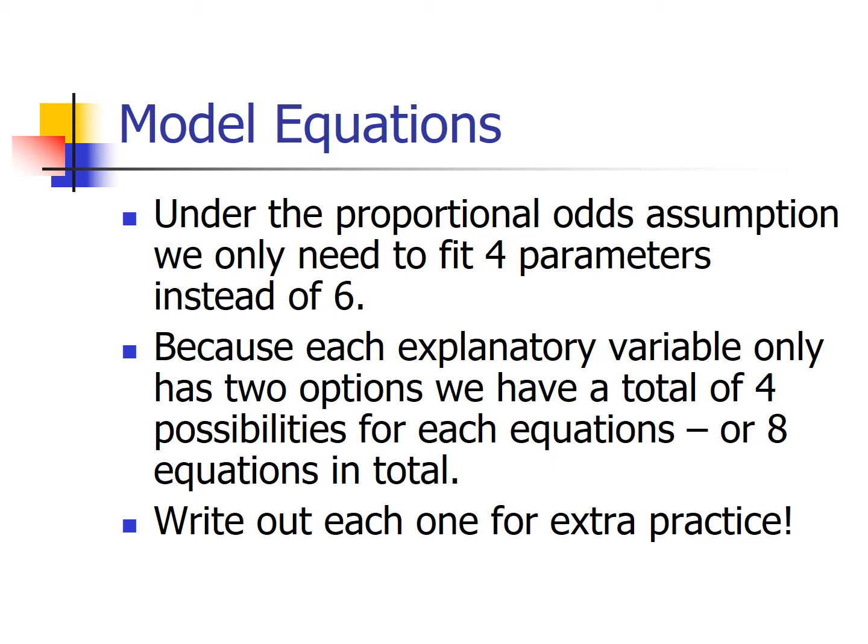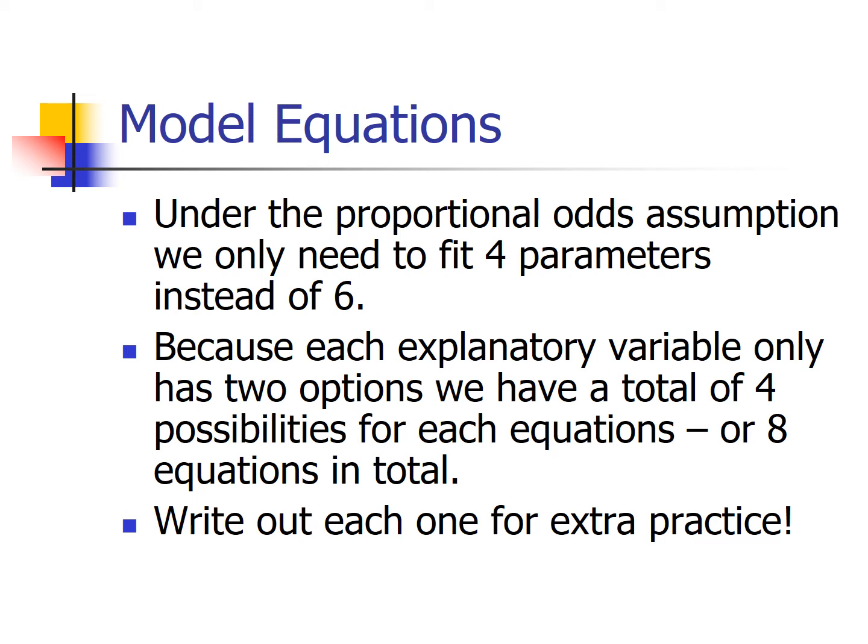Now we have those 2 logit equations. They differ in terms of what's on the left-hand side of those equations. In terms of the right-hand side, we have 2 explanatory variables, both of which have 2 options.